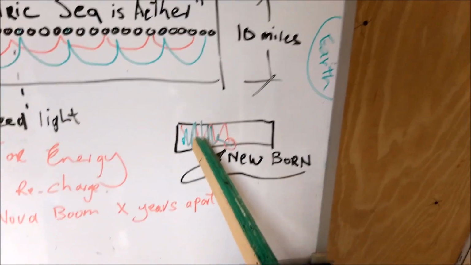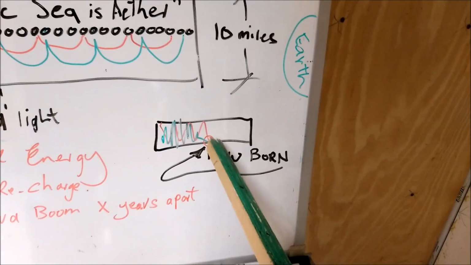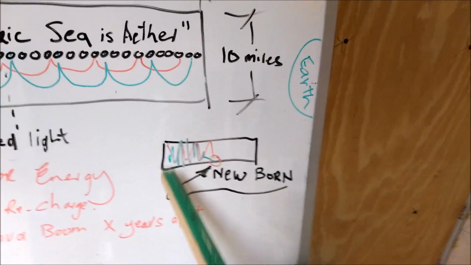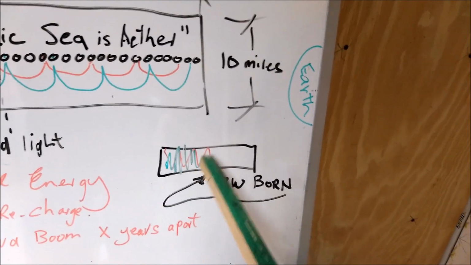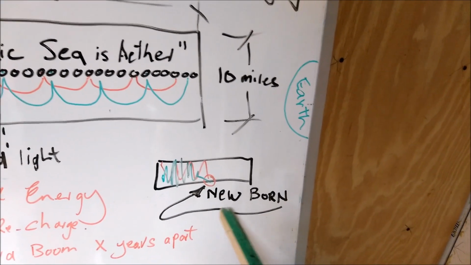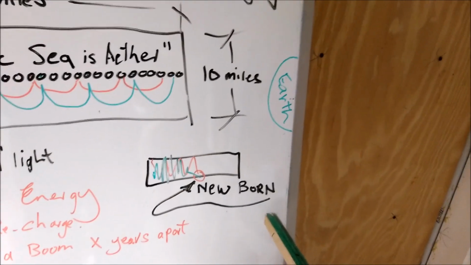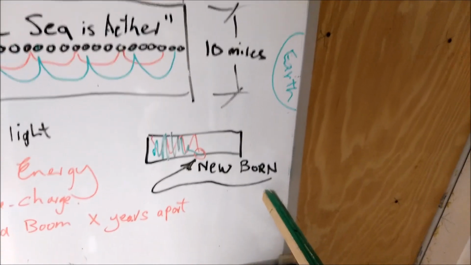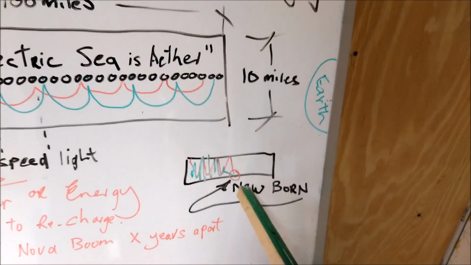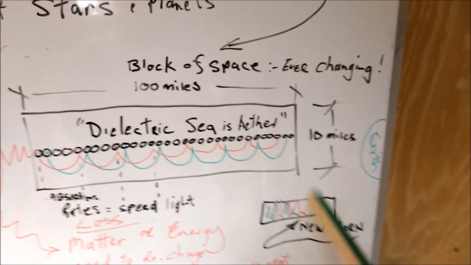In that 100 miles by 10 miles we do have newborn formed energy, because the frequencies are going very fast and they clash with one another in the dielectric, and something new is born. And I don't think there are particles in space. I think what you're seeing in space isn't particles, but a newborn light. And I think light can transfer into matter, and matter can transfer back to light.